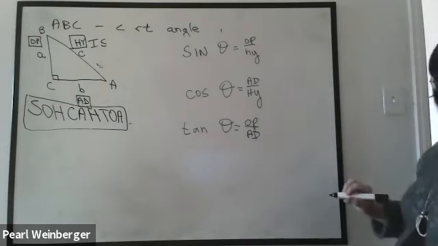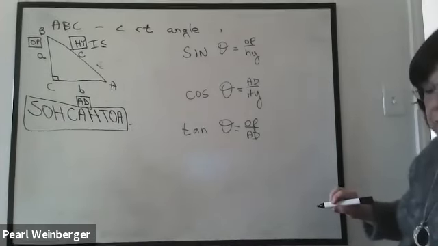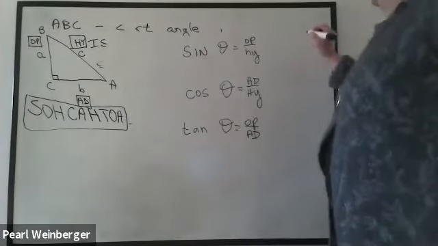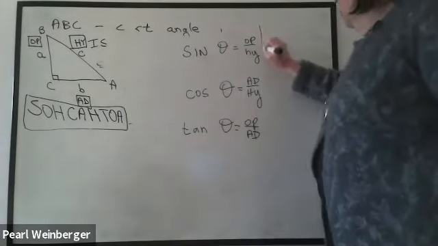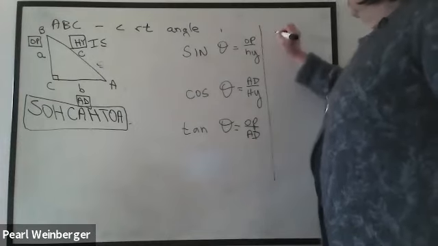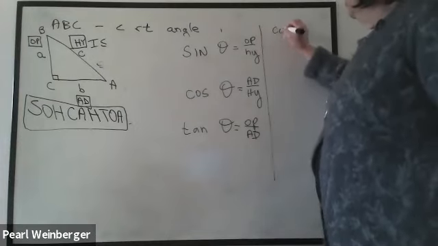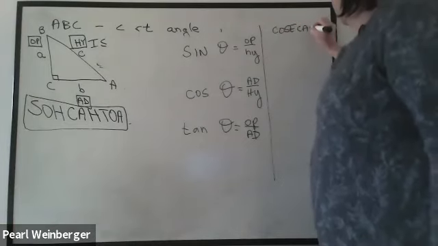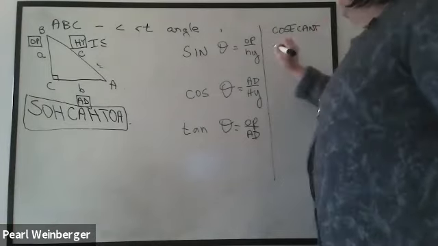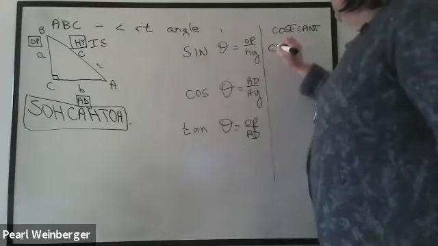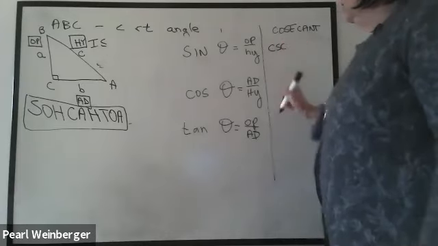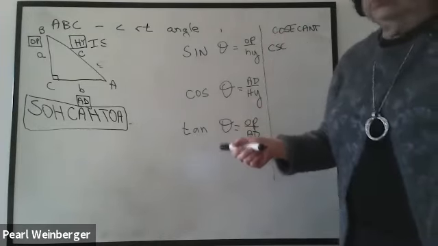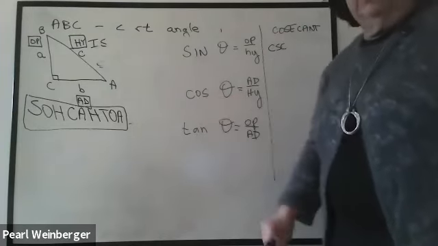What are the other three trigonometric functions that we talk about? Well, there is something called cosecant, C-O-S-E-C, which is abbreviated CSC. I can't abbreviate it COS because I'm already using COS for cosine.